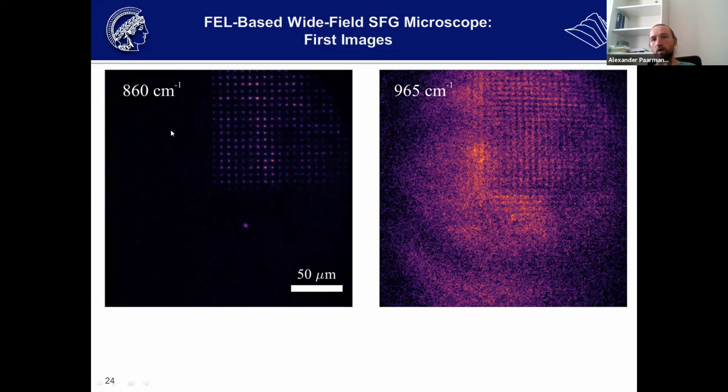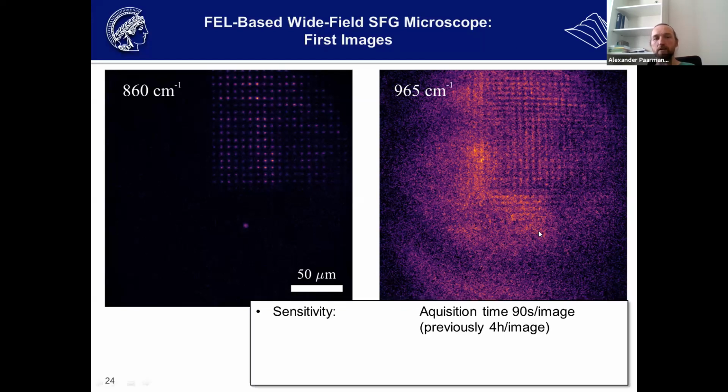If we go on the monopole resonance, we see the patch lighting up, but we actually see the individual pillars light up and not just the whole patch, because we now have much better spatial resolution. Whereas if we go on the substrate resonance, we see everything light up and we see a little bit of diminishing, but we think that we see it in between the pillars, so the substrate sitting between these nanostructures, and the pillars themselves being darker in this imaging. But this is very much still a work in progress.